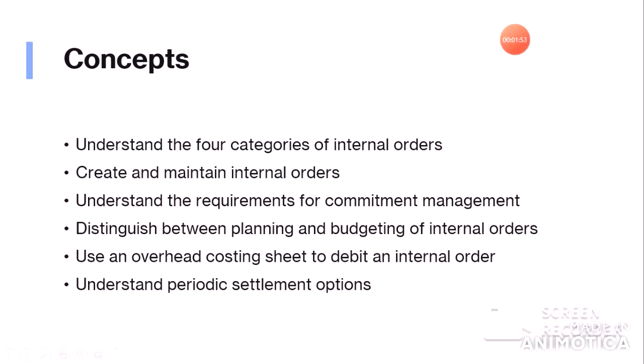What are the requirements, and we will understand those requirements. Then distinguishing between planning and budgeting of internal orders, using an overhead costing sheet to debit an internal order, and understanding periodic settlement options.